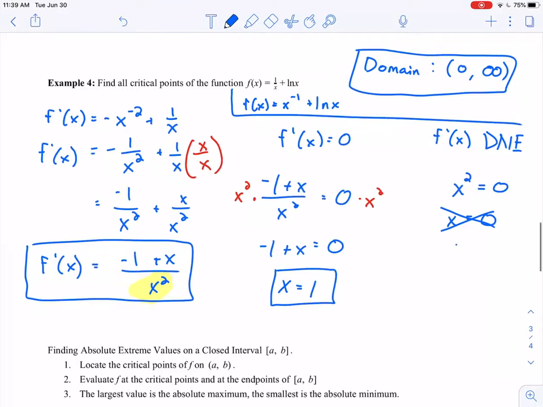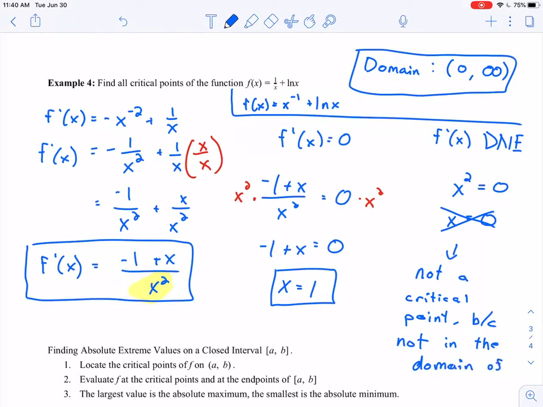So this guy right here, this is not a critical point because it is not in the domain of f of x. Because it's not in the domain of our original function, it cannot be a critical point.